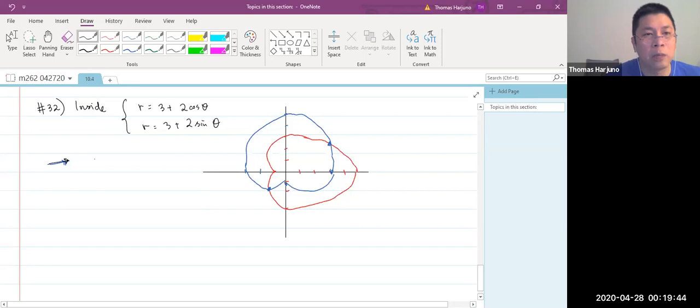So 3 plus 2 cosine theta equals 3 plus 2 sine theta. Blah, blah, blah. We get cosine theta equals sine theta. Now that only happens when theta equals pi over 4 and/or theta equals 5 pi over 4.